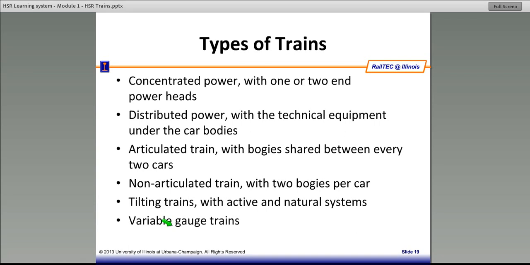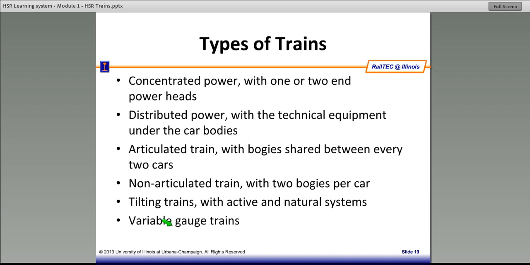Then in a few cases, in Japan and in Spain before, they had considered a high-speed train to run into their conventional line, and therefore different gauge are required for the high-speed train.